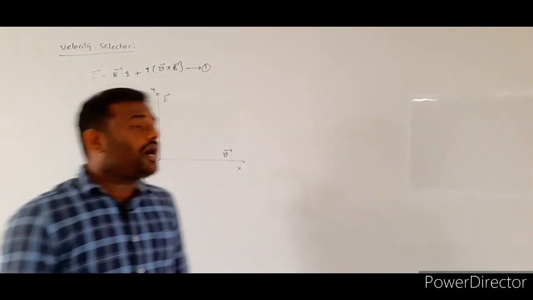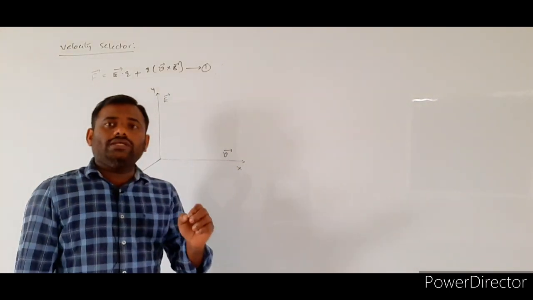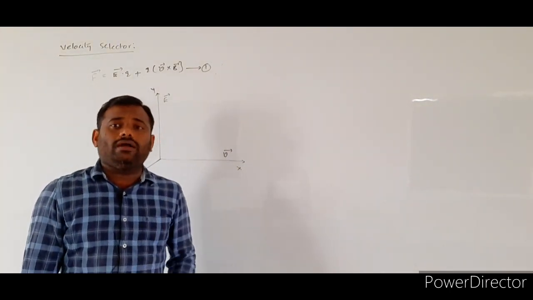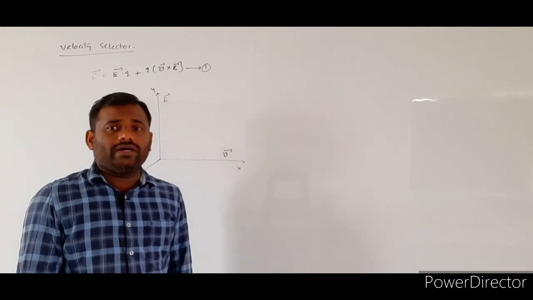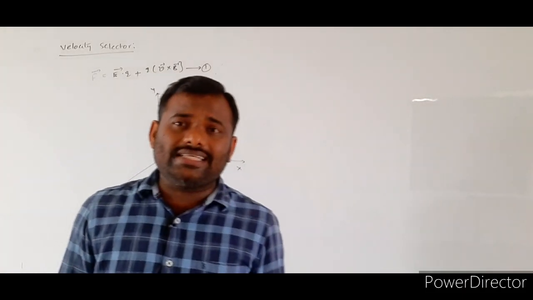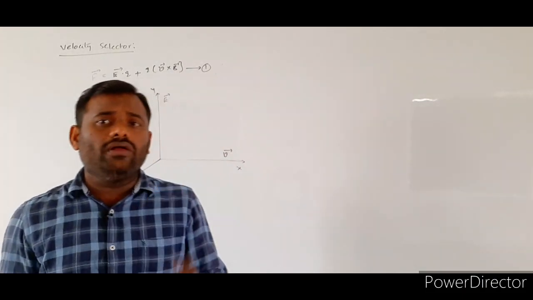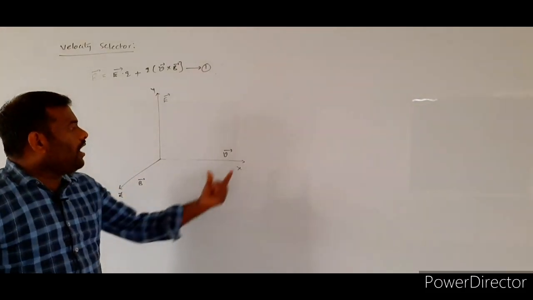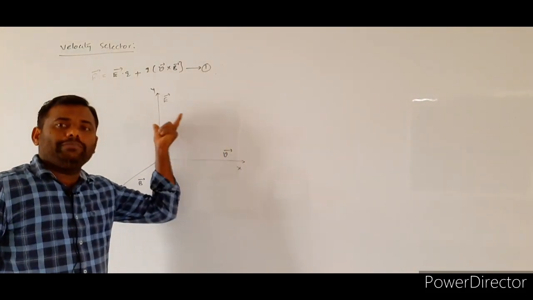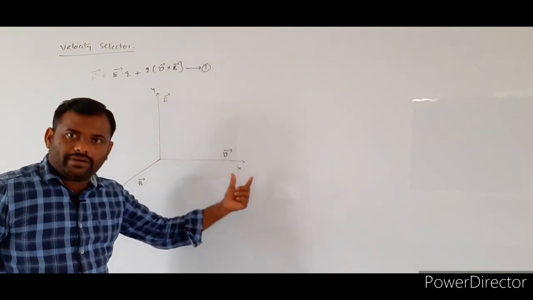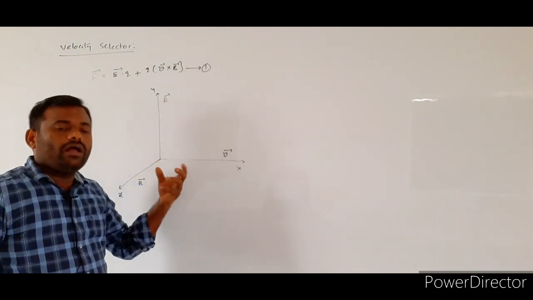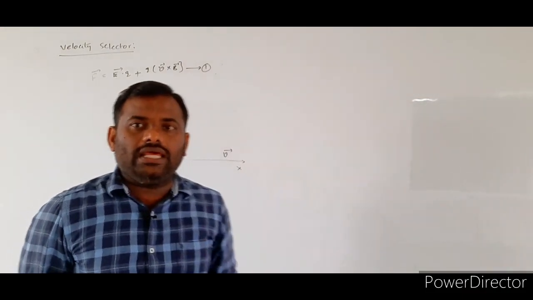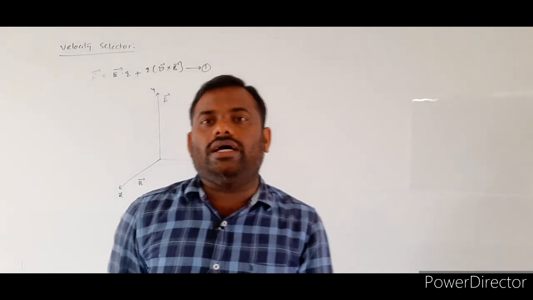While discussing the topic of velocity selector, we have to keep in mind that v, E and B are all mutually perpendicular to each other.